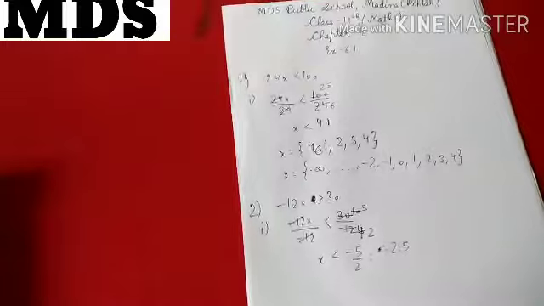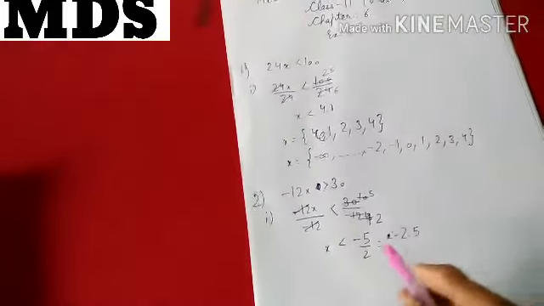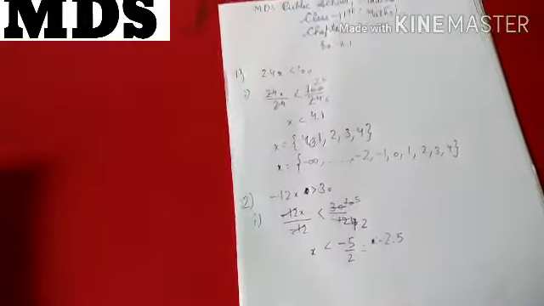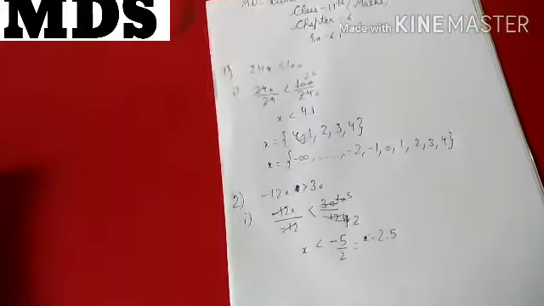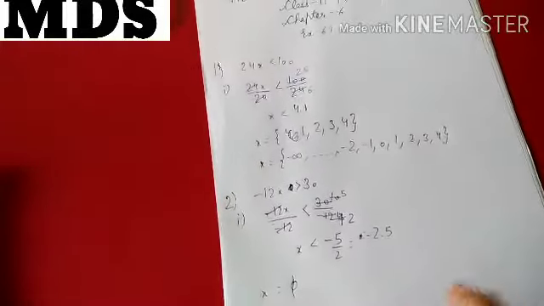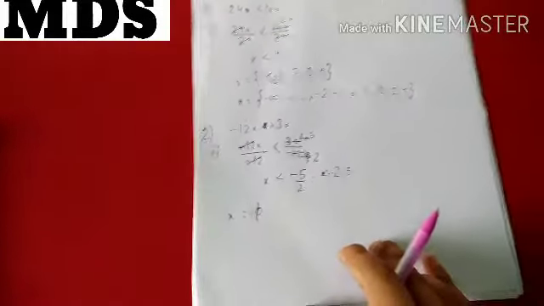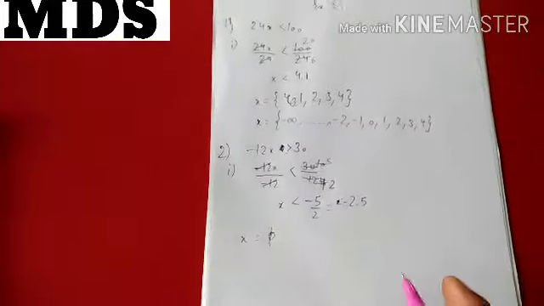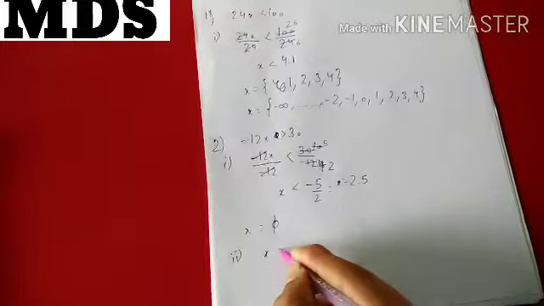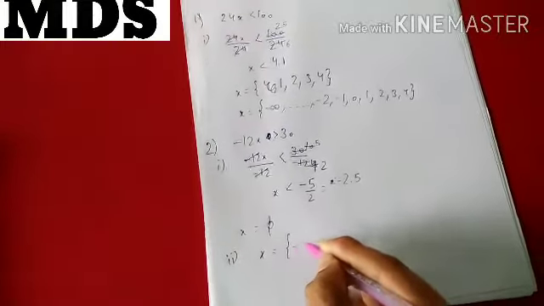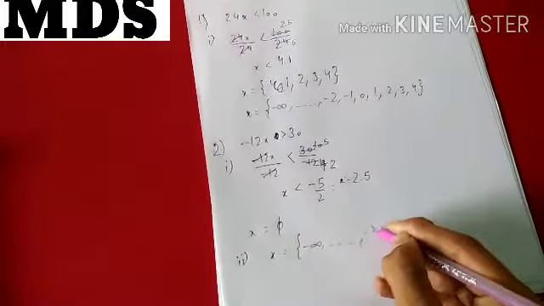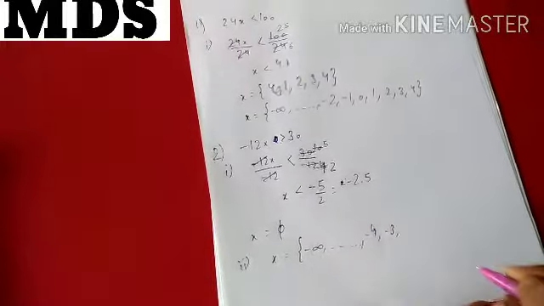Now x is a natural number. Is it possible that any number is negative and it is a natural number? No. So that means for no natural number this will be true. And second, if x is integer, then it will have values up till minus infinity, minus 4, minus 3.